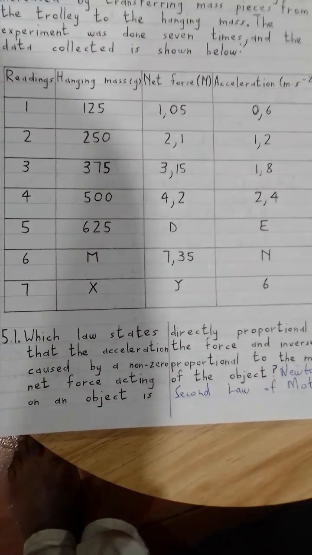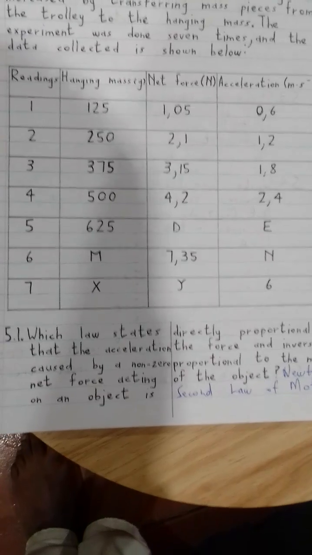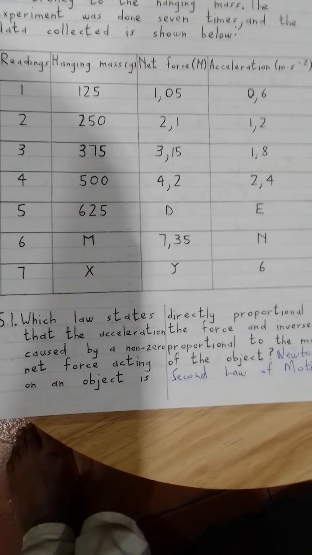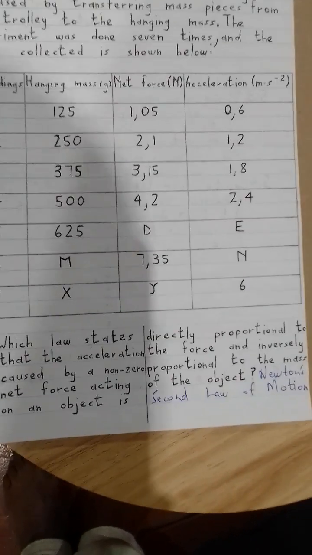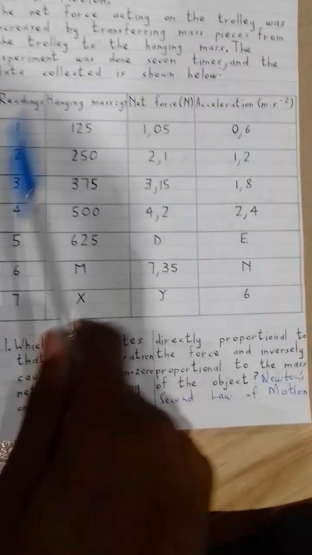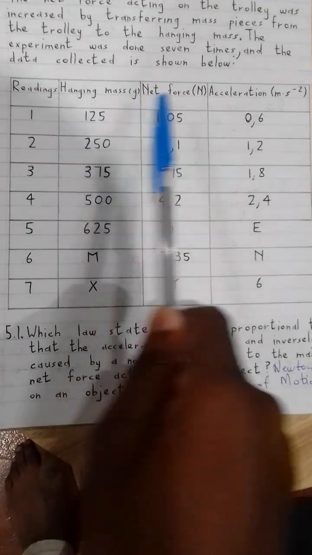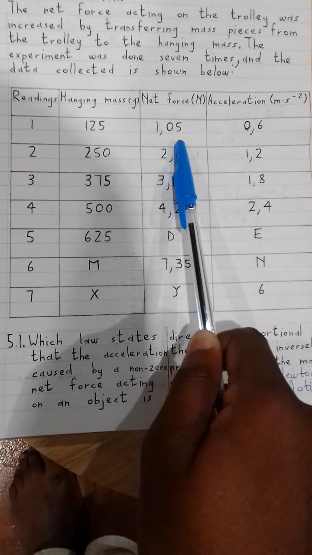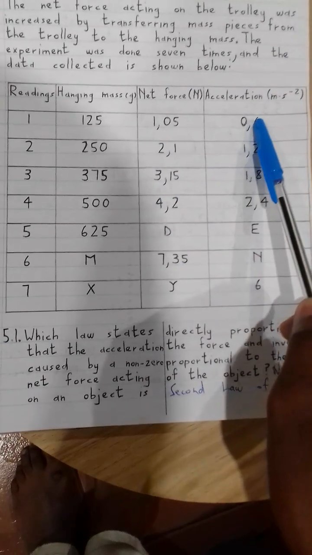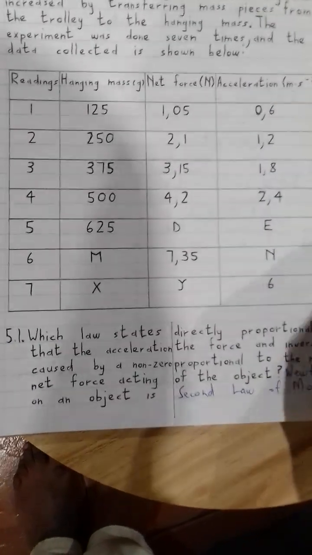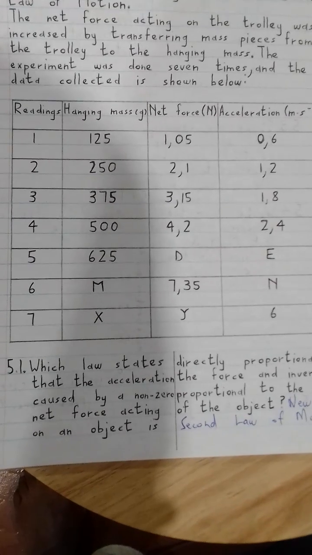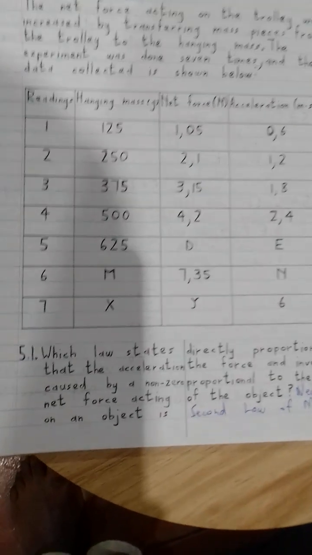D and E are in reading number 5, M and N are in reading number 6, X and Y reading number 7. Okay, so reading 1, hanging mass is 125 grams, net force is 1,05 newtons, acceleration is 0,6 meters per second squared. Now we need to find the relationship or the multiplication factor.